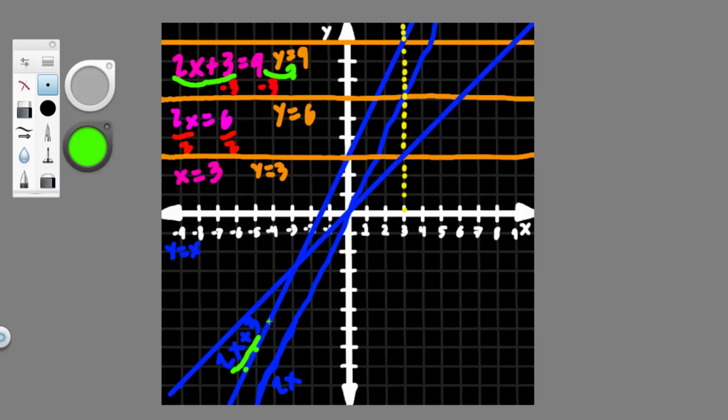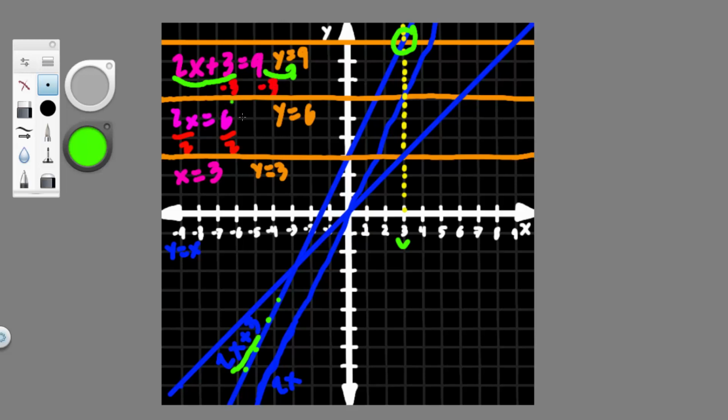It goes up and intersects at x equals 3. Then we subtract 3 from both sides and end up with 2x equals 6.